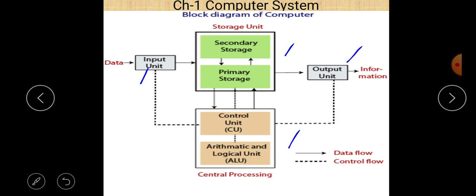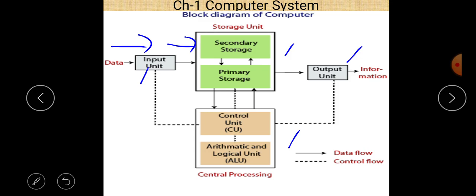Now we just connect these parts to each other. First of all, user gives the data to computer system through input devices. So you can easily see that here data is written and the arrow mark goes from data to input unit, and then input unit accepts the data and sends it to the storage unit. So there is again an arrow mark from input unit to storage unit.